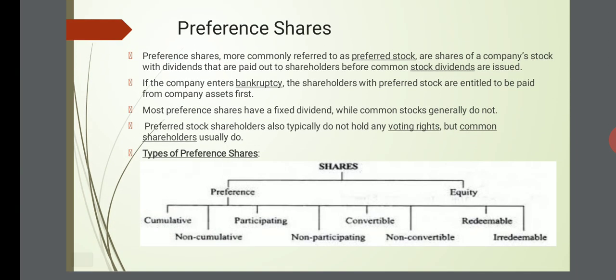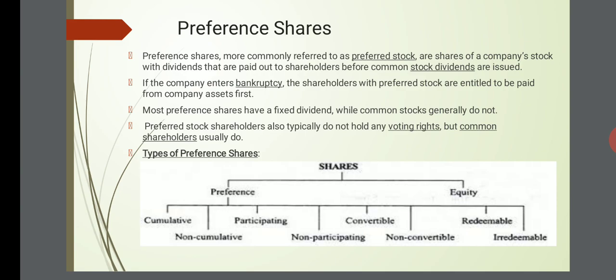Now let us learn about preference shares. Preference shares, more commonly referred to as preferred stock, are shares of the company's stock with dividends that are paid out to shareholders before common stock dividends are issued, so they get preference dividends. If the company enters bankruptcy, the shareholders with preferred stock are entitled to be paid from company assets first.